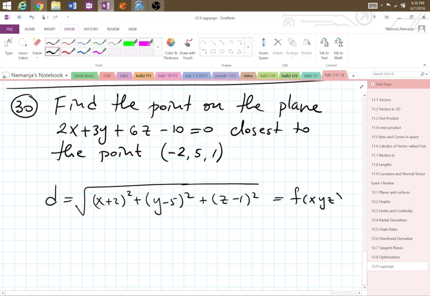Uh-oh, three variables, three on the parameter, a 4x4 system coming up. And this is the one that needs to be a minimum. And g of x, y, z is equal to 2x plus 3y plus 6z minus 10. Let's go.